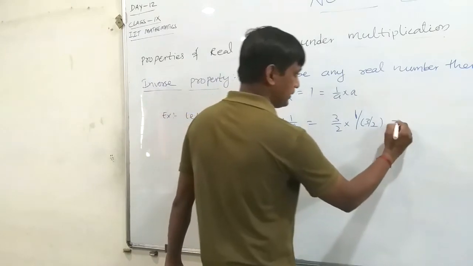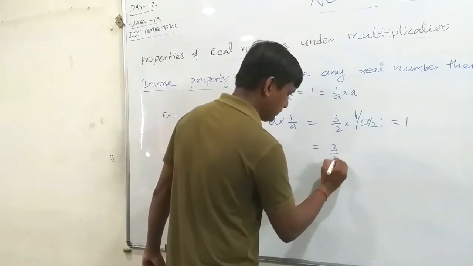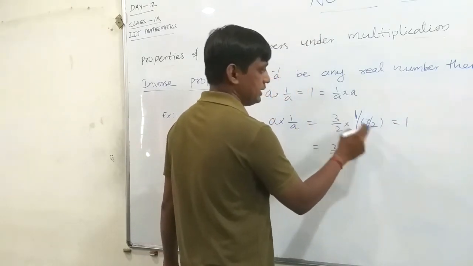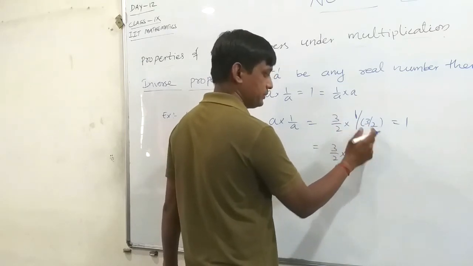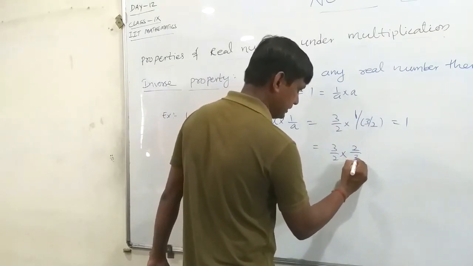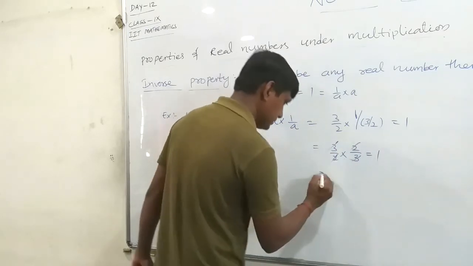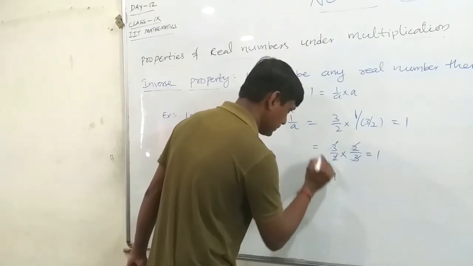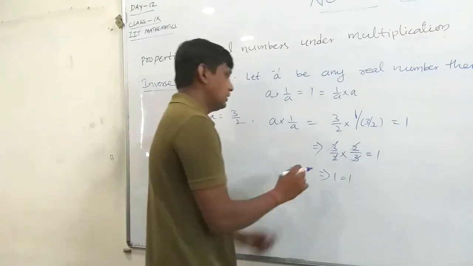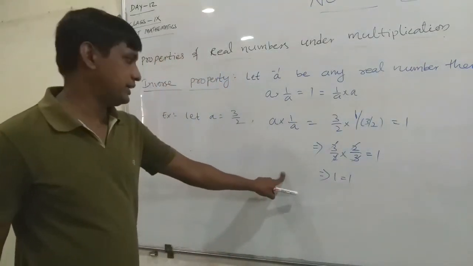I need to get the value 1 here, so that is 3 by 2 into the inverse, where numerator and denominator swap, 2 by 3, which is equal to 1. So 2 cancels, 3 cancels, that implies 1 is equal to 1. So LHS is satisfied.